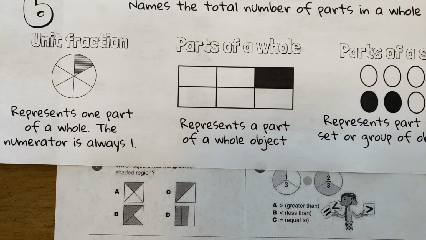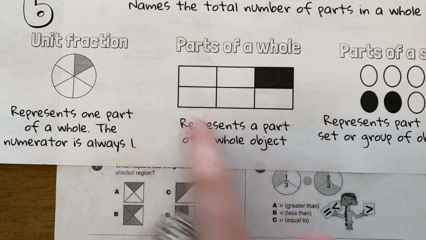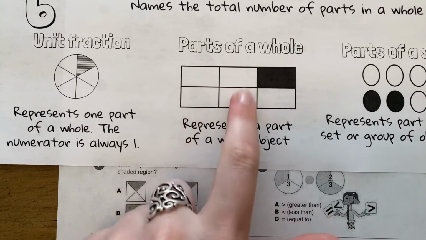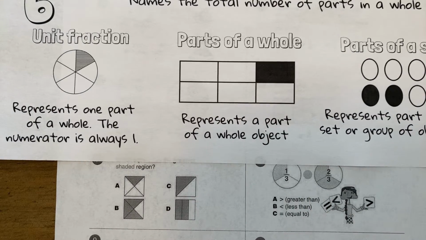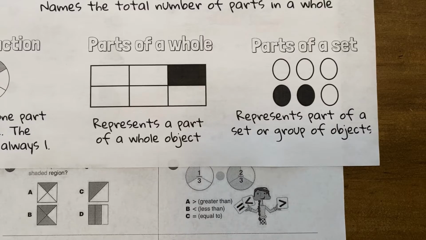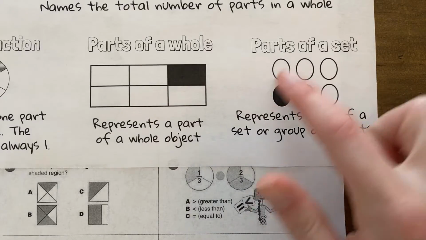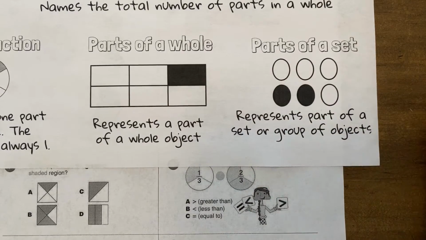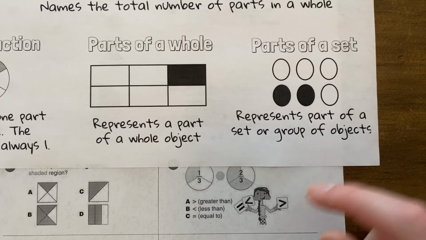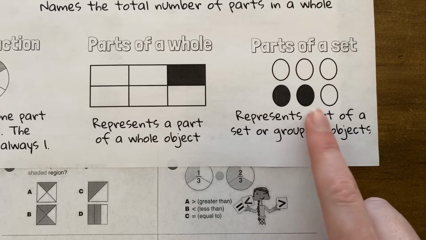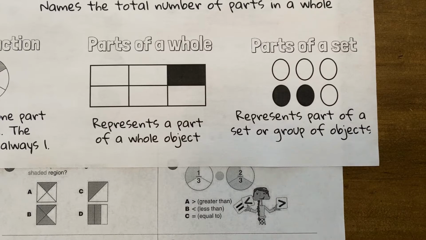It's one whole piece, the whole rectangle, but then it's got smaller little pieces, and 1 is shaded. That means I eat 1 piece of the Hershey chocolate bar. And then this is a set of circles. Maybe these are cookies. There are 2 out of 6 shaded in.